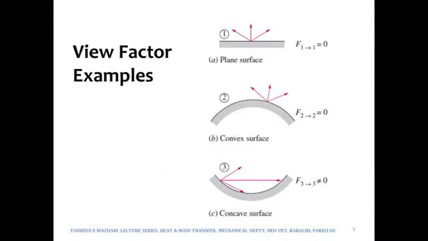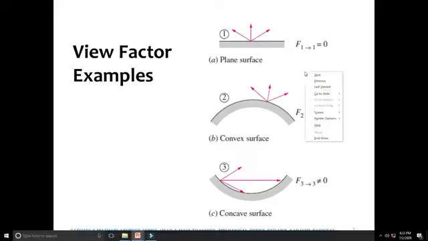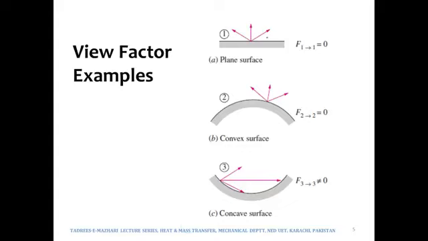Let's take a look at some of the values of the view factors. See, if we have got a plane surface, right? So in this case F11 would be 0, because the radiation will not be incident upon itself in this manner.